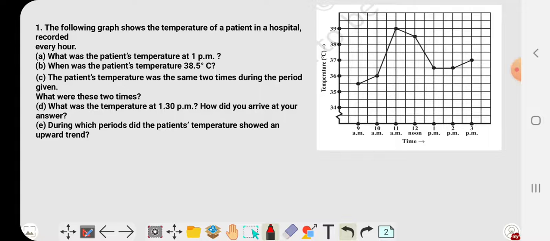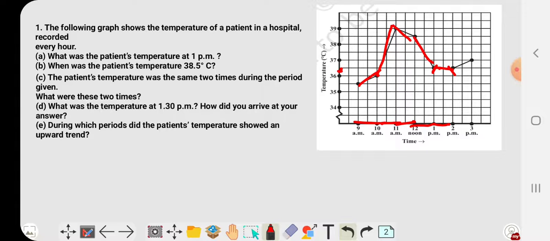You can see here from 9 to 10 the temperature has changed. 10 to 11 again it has raised. Now 11 to 12 the temperature has dropped. It is not the same. 12 to 1 again dropped. 1 to 2 it's the same. It's 36.5 at 1 o'clock and the same at 2 o'clock.